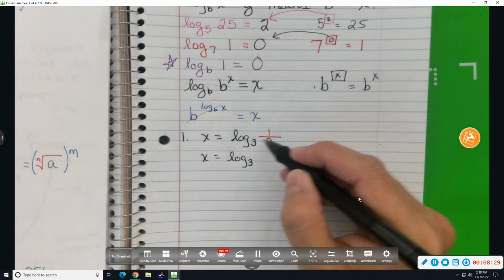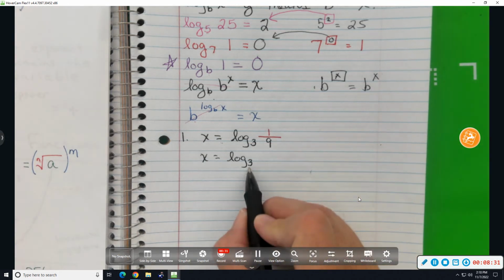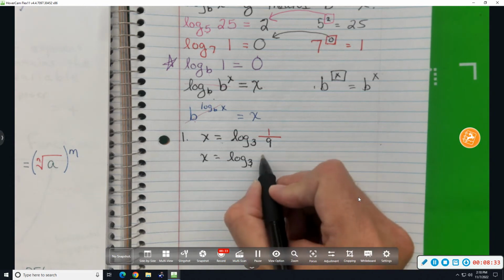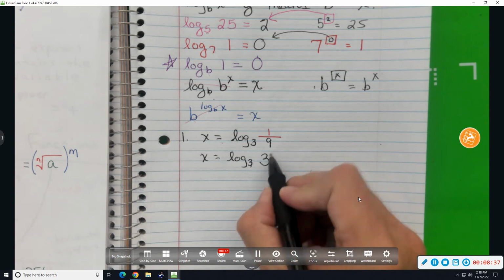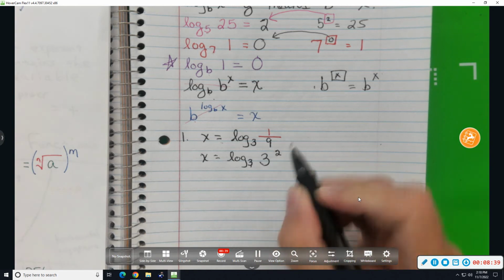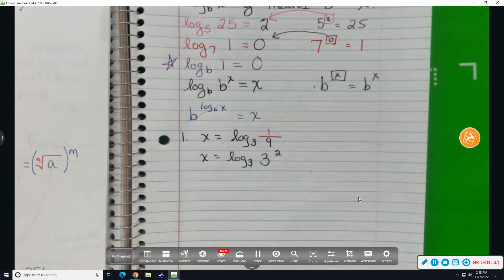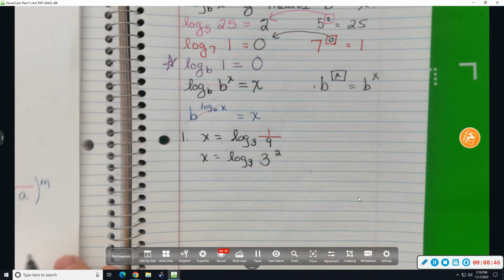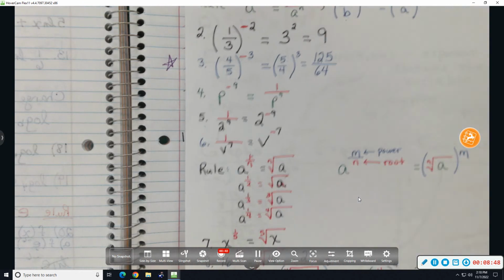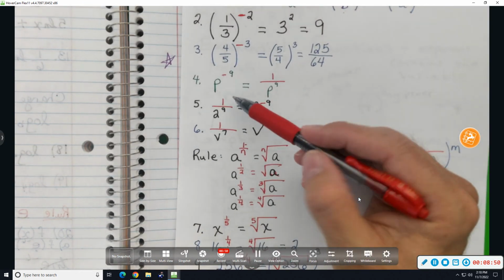I'm going to rewrite 1 over 9 with a base of 3. I'll start with the 9. 3 squared would give me a 9. But how do I get rid of this 1 over? That was some of the stuff we were doing on Wednesday.